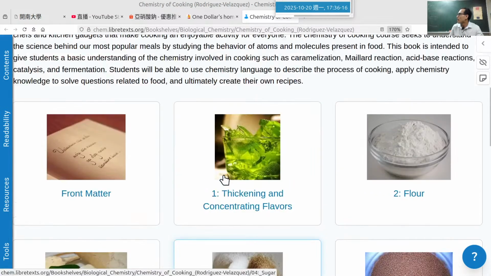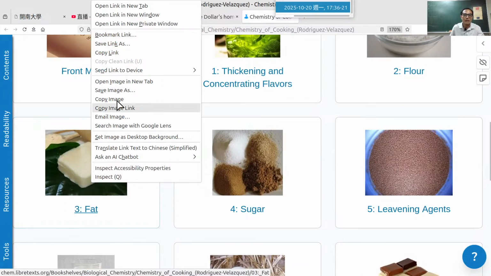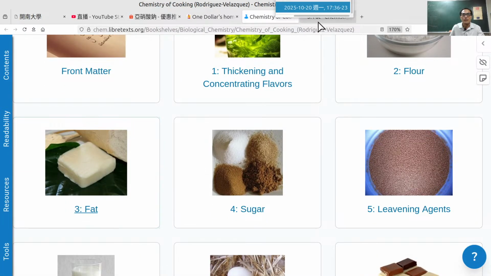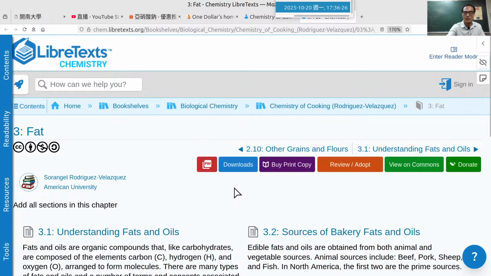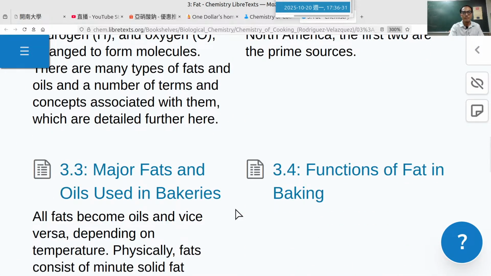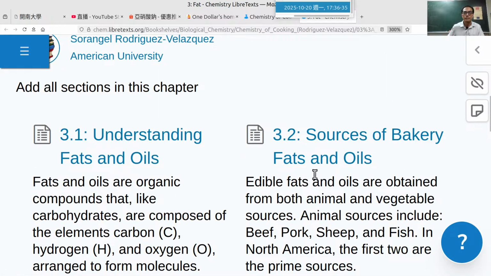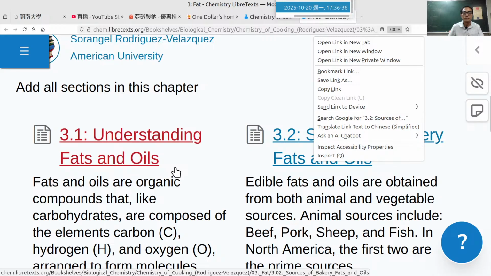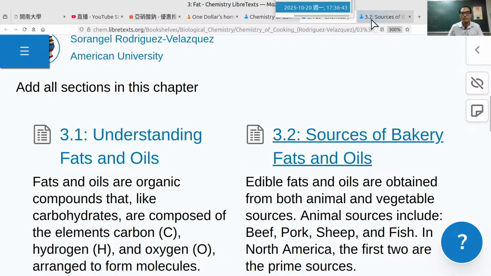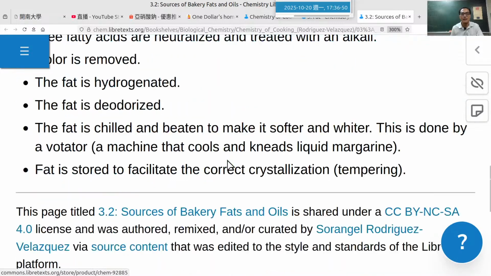Okay, let's move back to the fat, and next week we can explain the flour. Okay, Section 2, sources of bakery fats and oils.